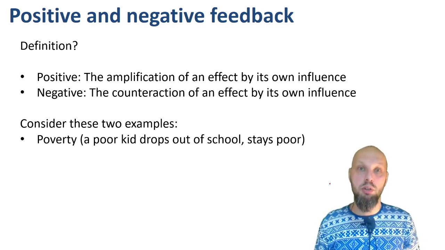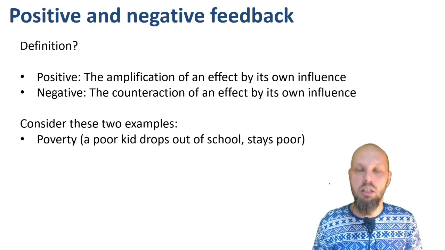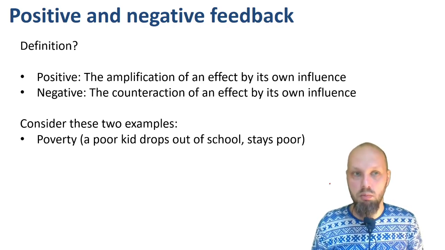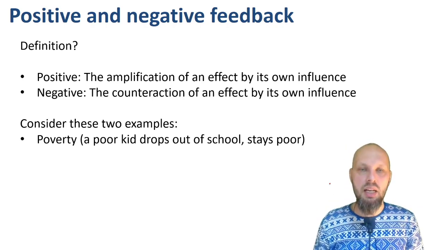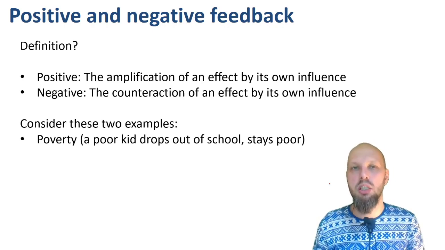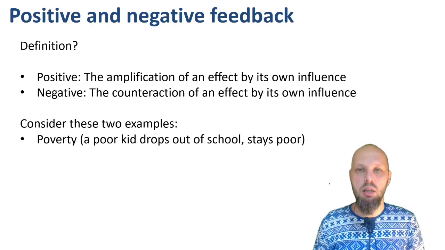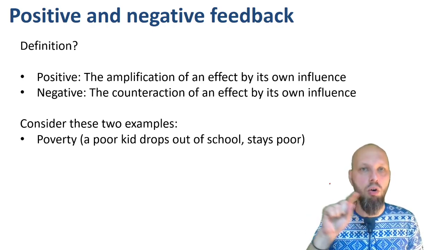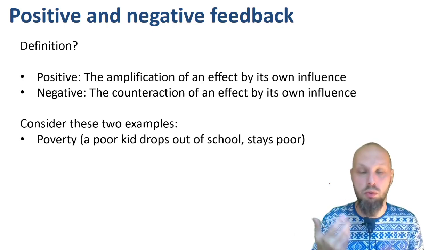And that's an example of positive feedback, which means that the word positive actually is used here in a very different way than a normal person would use it, because it's clearly a negative thing in the sense that it's bad. But it's an example of positive feedback, because positive is not about the moral qualities of what's happening, but about the sign of interaction between the effect and itself. Does it increase the amount of whatever, or does it decrease the amount of whatever?